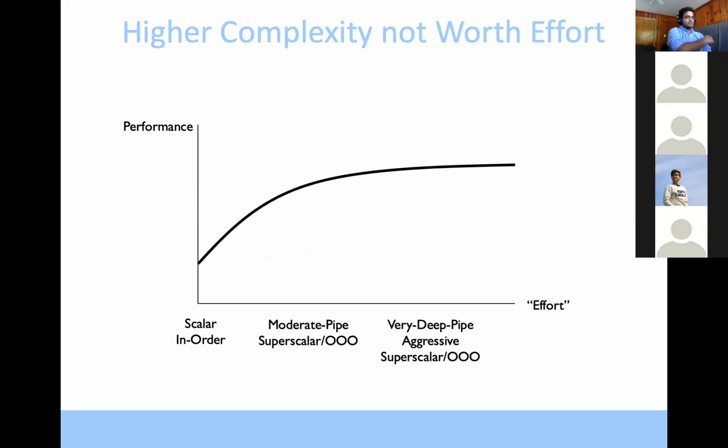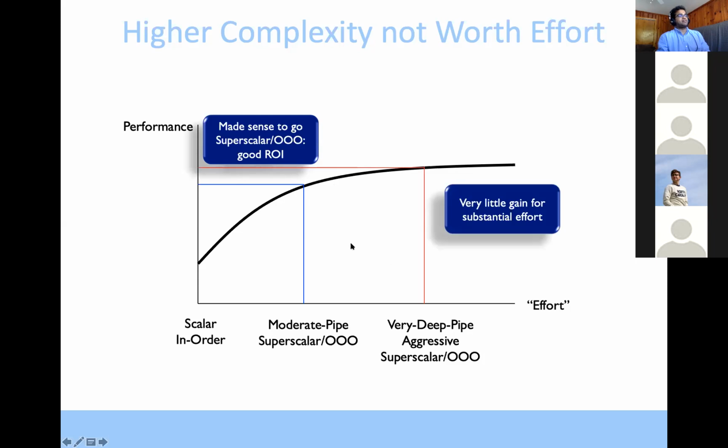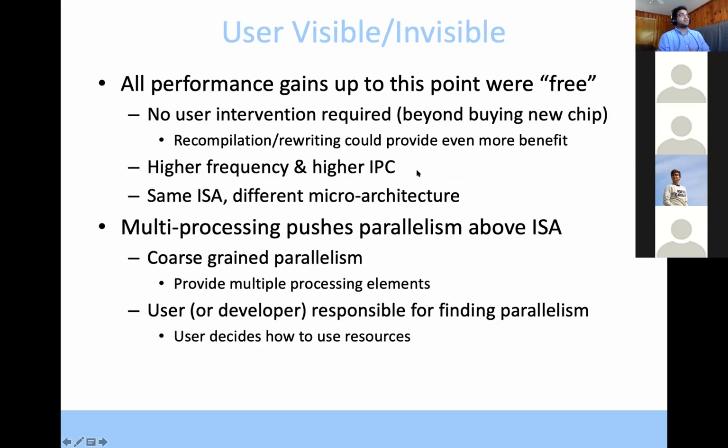Another way of putting this, if we draw effort on this scale and performance on another, up till this point we had good return on investment: a reasonable performance bump for effort. But hereafter, we saw a really minimal gain in performance for a massive increase in effort, right?